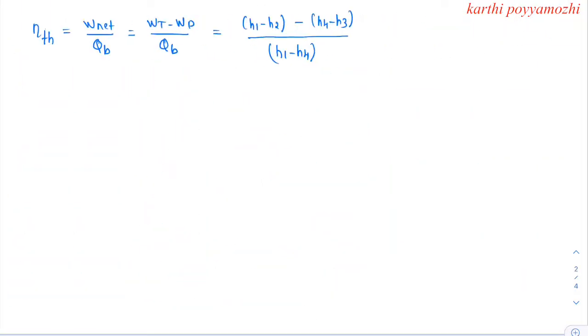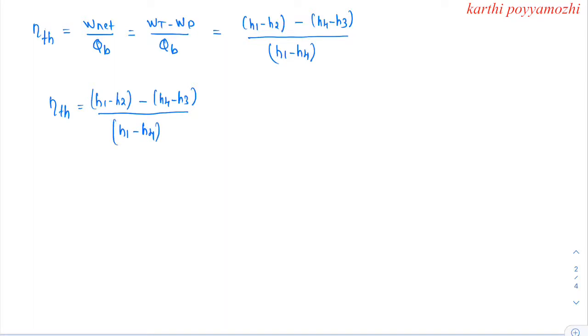This is the thermal efficiency of the Rankine cycle, and it is given as H1 minus H2, minus H4 minus H3, divided by H1 minus H4.